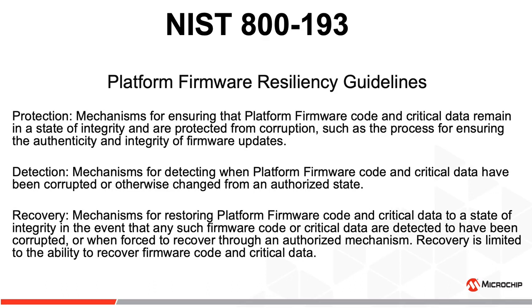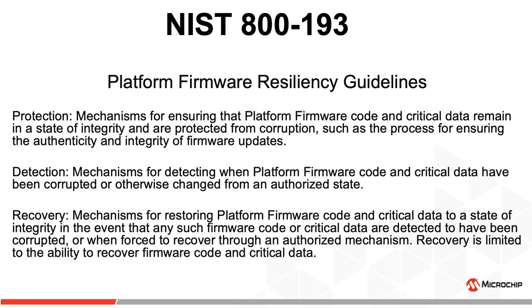This set of guidelines was published in May of 2018, so it's still relatively new in terms of the adoption and the use of this. However, we at Microchip have seen a significant amount of customers asking for help supporting NIST 800-193 and its associated guidelines.